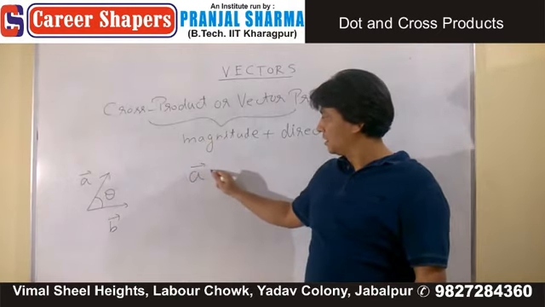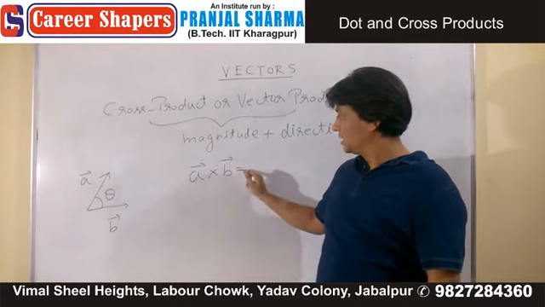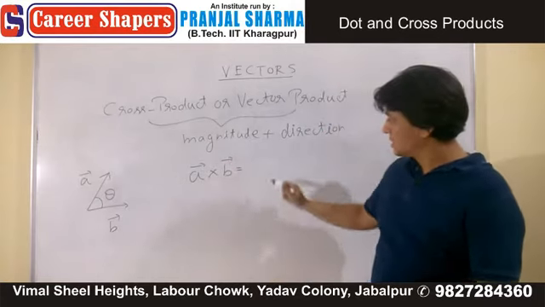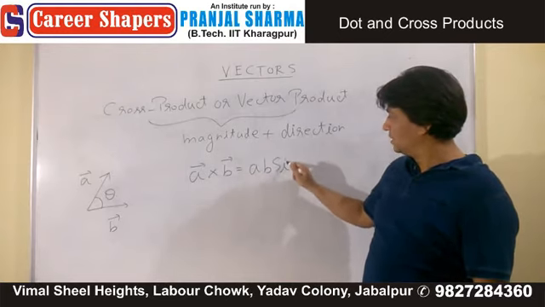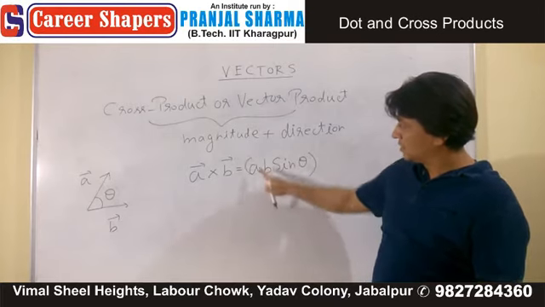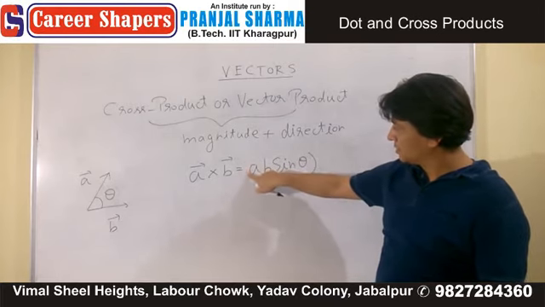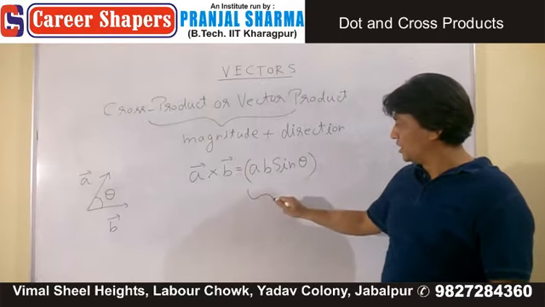A cross B is AB sine theta. This is the magnitude part.